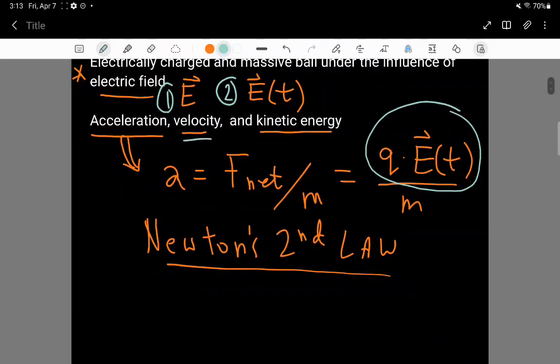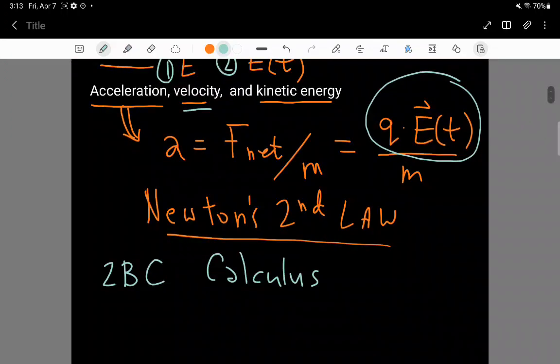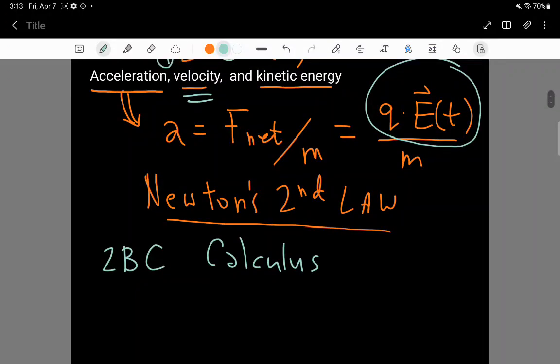So the velocity shows up in particular for our 2BC class, right? This is a calculus class. So you must have to do some calculus. And the calculus that we're going to do in this case is the fact that acceleration and velocity are related to each other via a derivative and an integral.